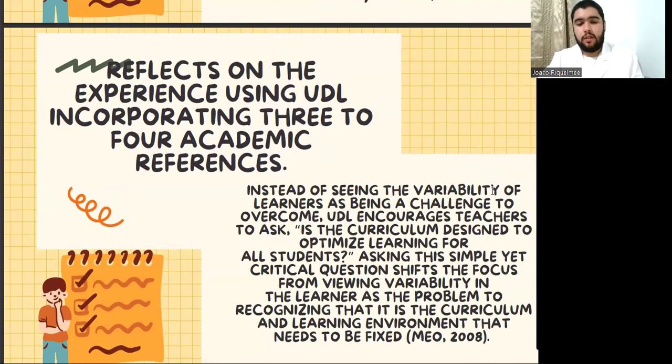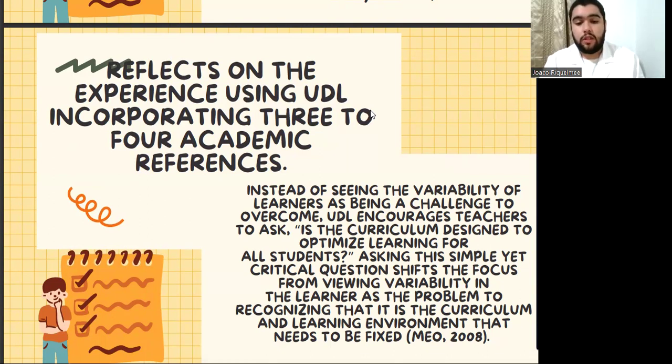Then we have the third academic reference, which is: instead of seeing the variability of learners as being a challenge to overcome, UDL encourages teachers to ask, is the curriculum designed to optimize learning for all students?